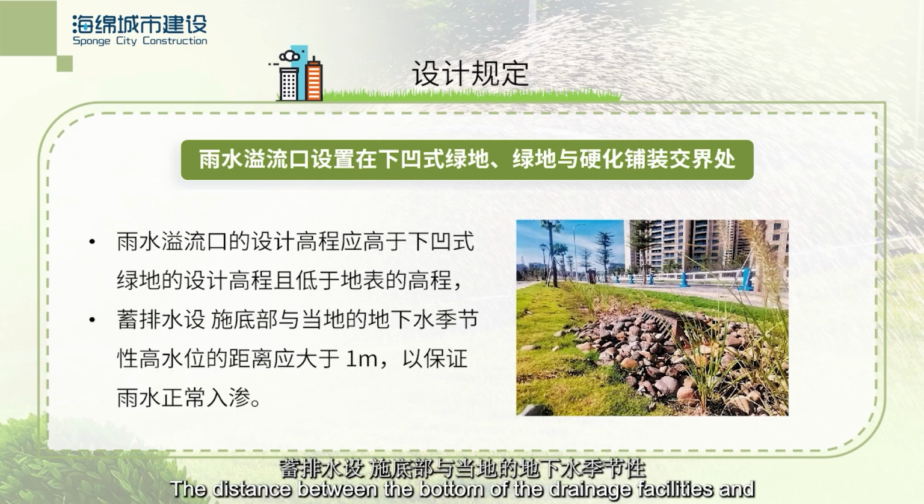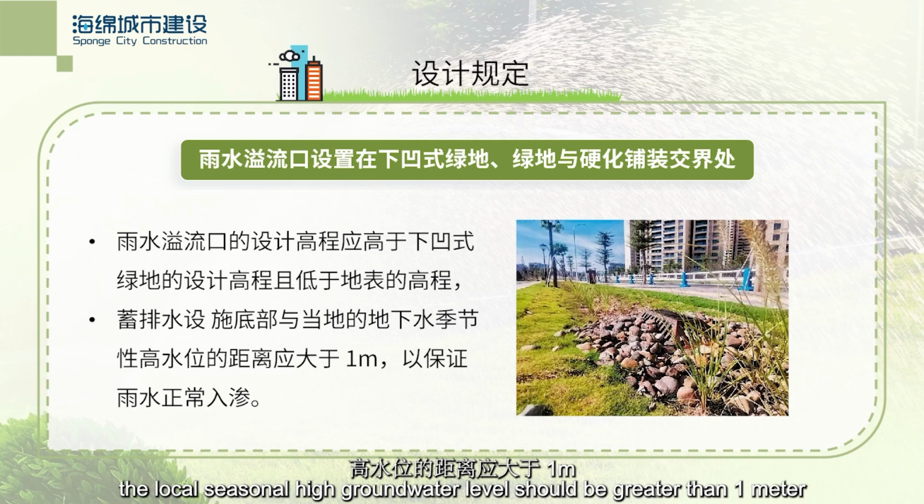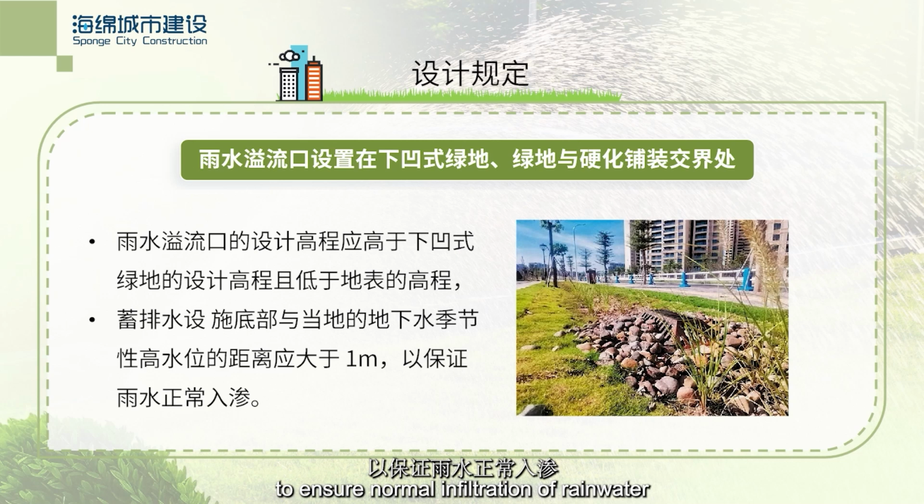The distance between the bottom of the drainage facilities and the local seasonal high groundwater level should be greater than one meter to ensure normal infiltration of rainwater.